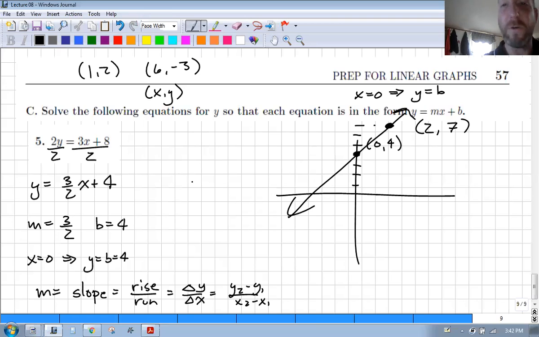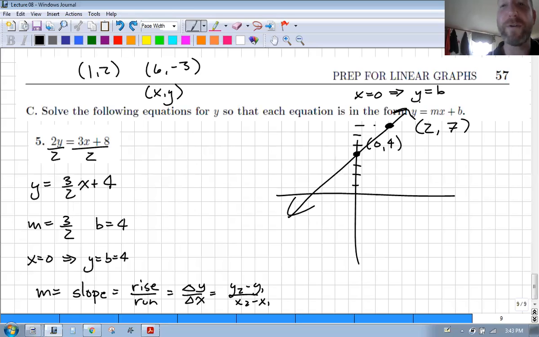We can use the slope to see what the line looks like. Notice the slope here is positive. This is a line with a positive slope. This is a line with a negative slope. This is a line with a 0 slope. The b tells you where it intersects the y-axis, or the y-intercept. The m tells you the slope.